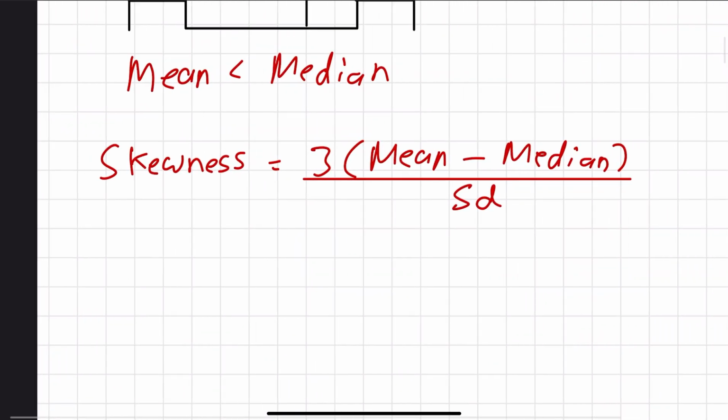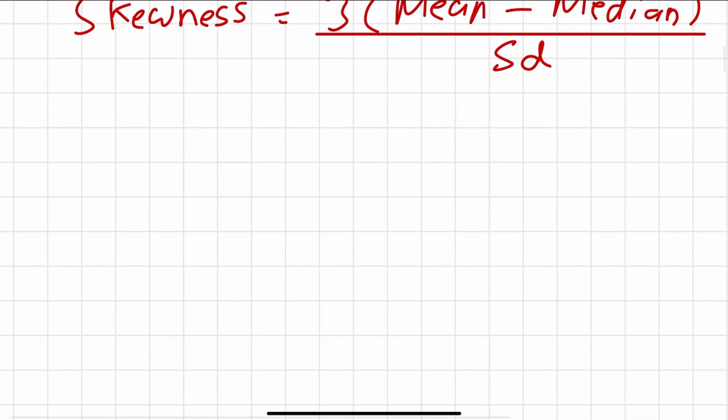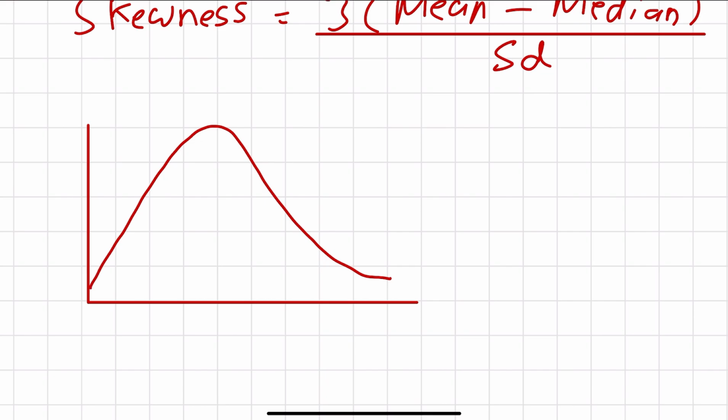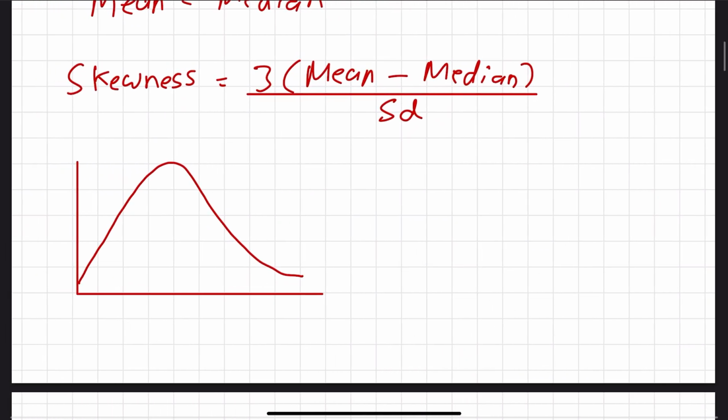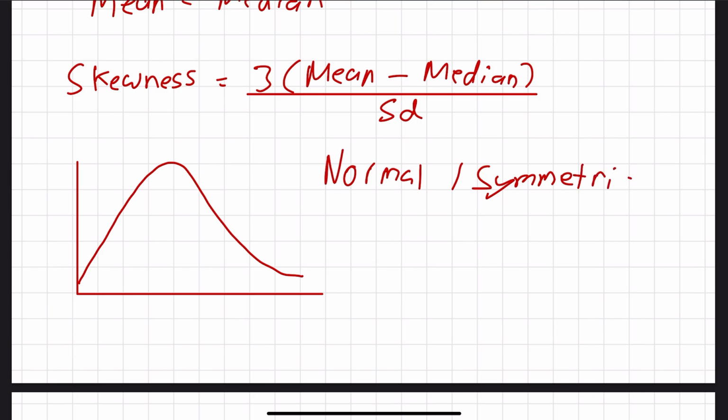And same goes for any type of distribution. It doesn't have to be a box plot. If you had just random distribution curves like this, I guess that's sort of normal, or symmetrical, or no skew.